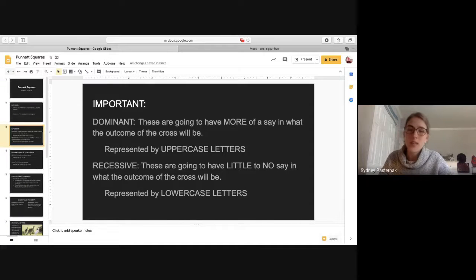And so just like I said earlier, these are represented by lowercase letters. And so you can really choose whatever letter you want in the alphabet to represent a certain trait that you're talking about, a certain gene or allele that you're talking about. But in the case of dominant and recessive, you need to remember that dominant is always associated with uppercase letters, while recessive alleles are always associated with lowercase letters.